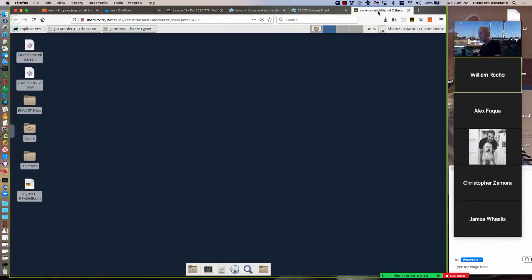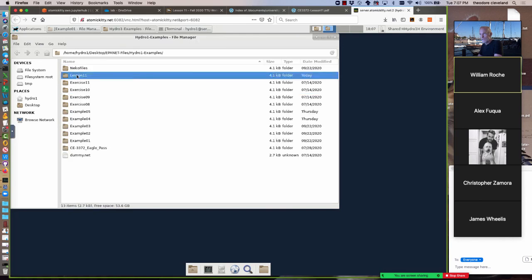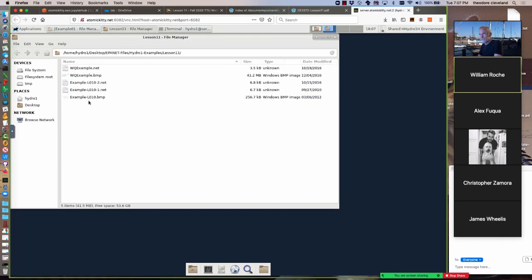So I'm now switching to the shared atomickitty.net server, and I've already loaded this example in. It's in lesson 11, and we're going to look at L11-1.net.